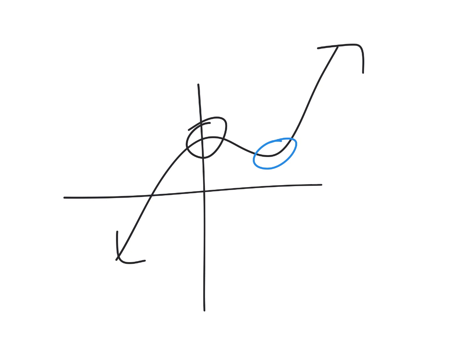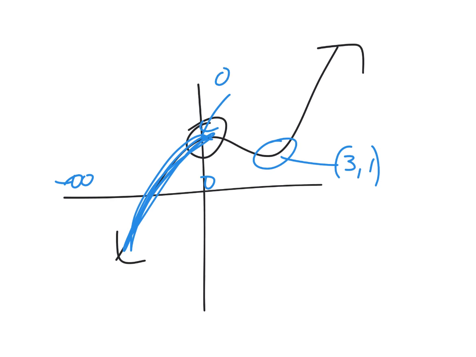Does it ever increase? Is there any zone over which this function increases? Yes, for sure, from here to here. And you'd say from negative infinity until 0, it was increasing. And let's give this spot a name right there. Let's say it's 3 comma 1. Then it decreased. Let's say this is at 0 comma 2.